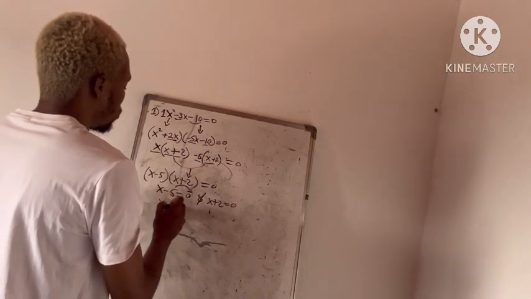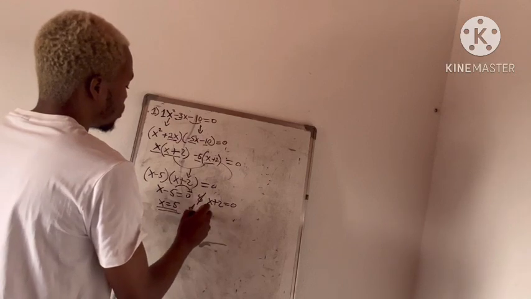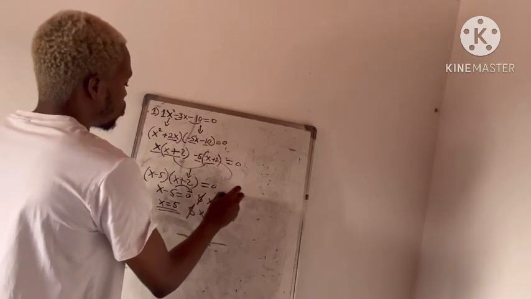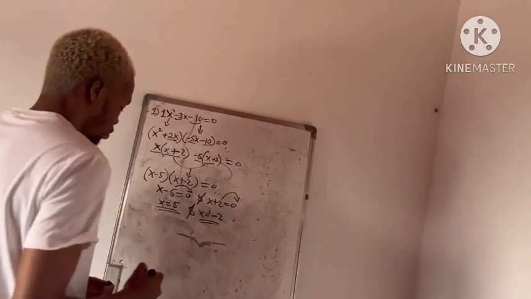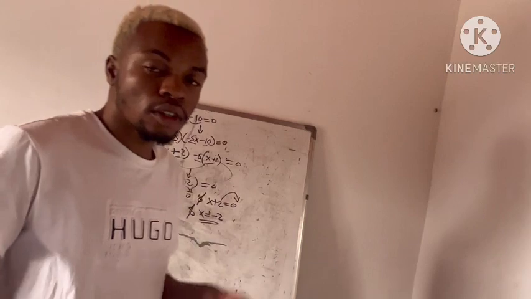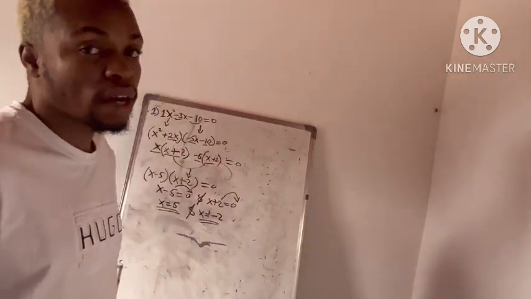So you have x equal to 5 and x equal to, you take this way, minus 2.